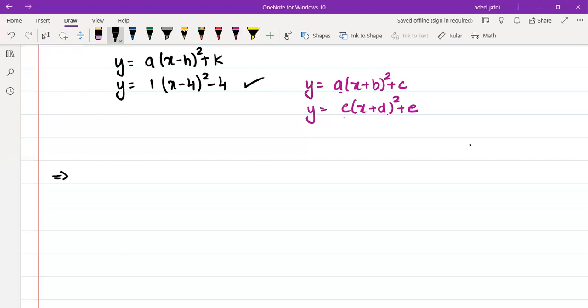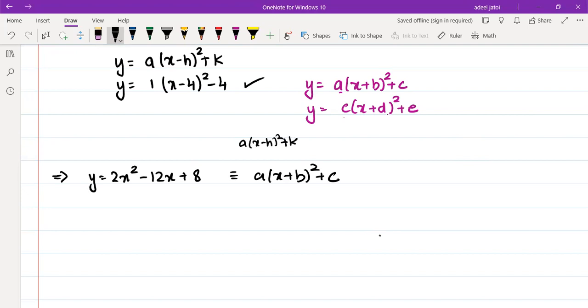Let's do another example. Y is equal to 2x square minus 12x plus 8. But now I would like you to change this to a x plus b whole square plus c. The original equation that is given is a x minus h whole square plus k. But in the question, the other equations can also be given.